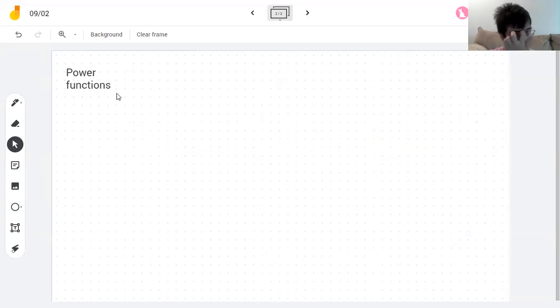But I guess it's a good reminder. So power functions are, well, things that look like x to the a, where a is any number.